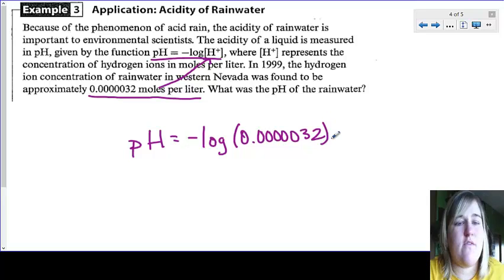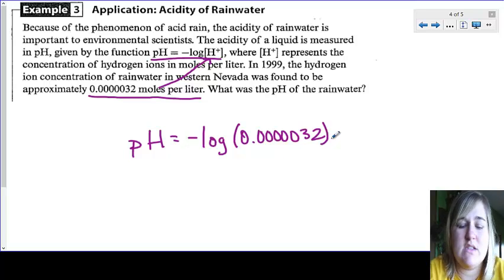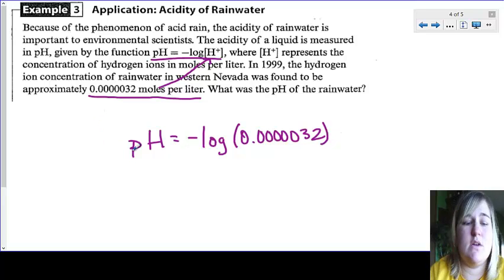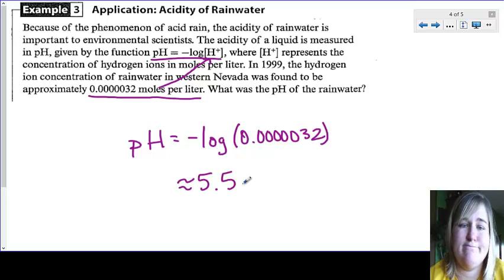On your calculator, you have a log function on the left-hand side. It's 3 buttons up from your on button. You need to hit negative log, and then you just punch in your 0.000032, close the parenthesis, and hit enter, and that's going to tell you that your answer is approximately 4.5.